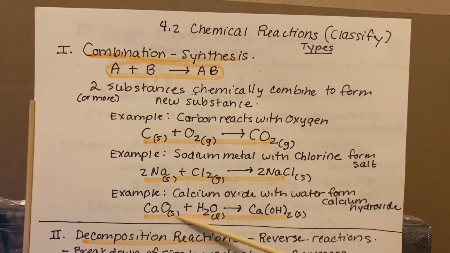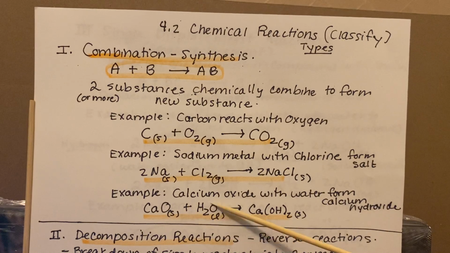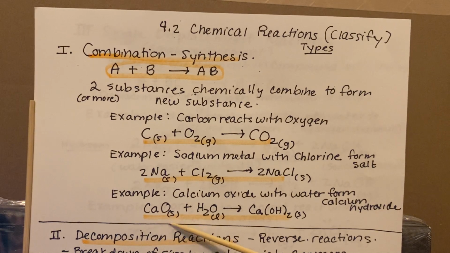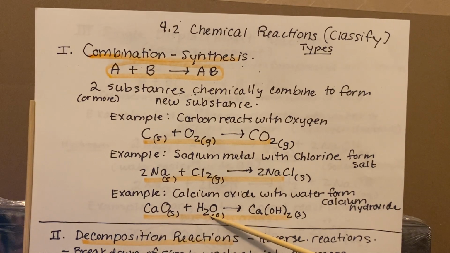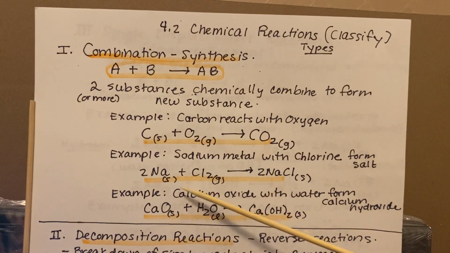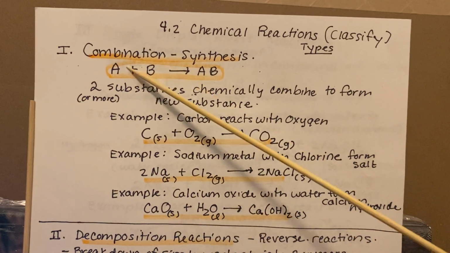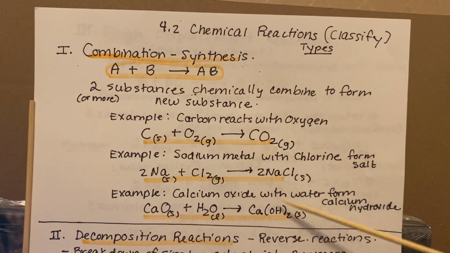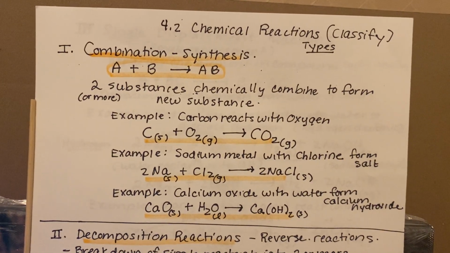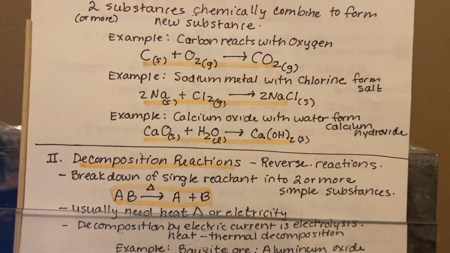So these are 2 compounds, but these two compounds are combining together to form a new compound. So basically two of them are forming one together, making a new one. So let's go to the next here.